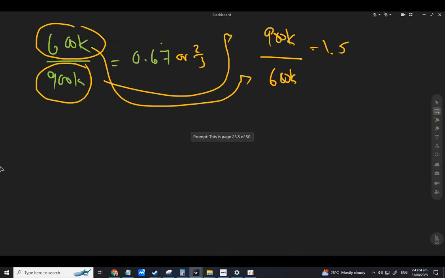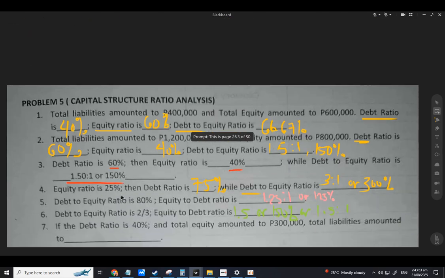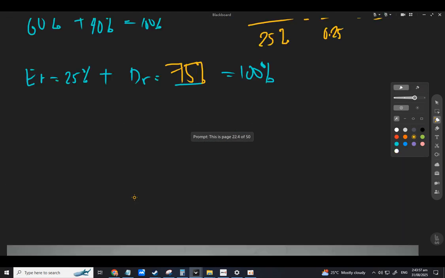Unless I have the last one, I'll just copy this one. If the debt ratio is 40% and total equity amounted to 300,000 pesos, total liabilities amounted to blank. So debt ratio daw is 40%. Ano bang formula ng debt ratio ulit? So total liabilities, tingnan natin ulit para sure lang.